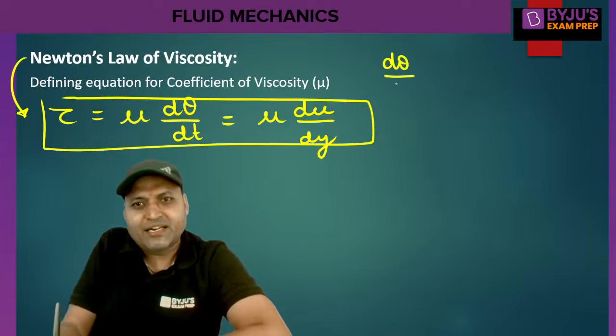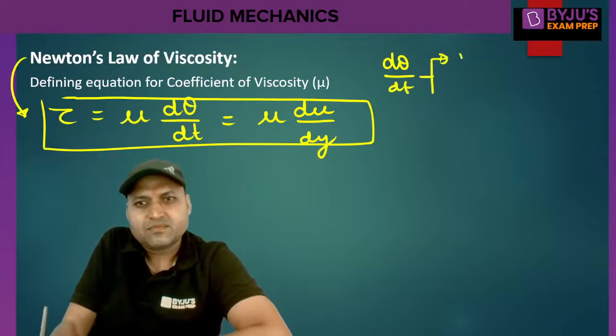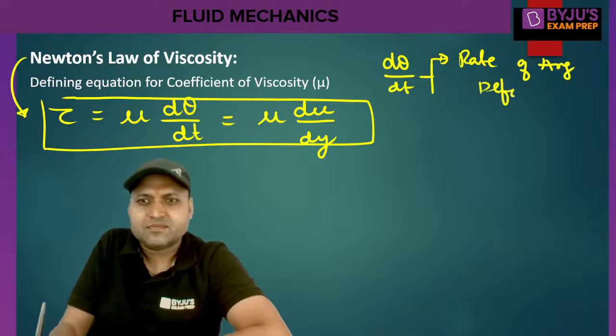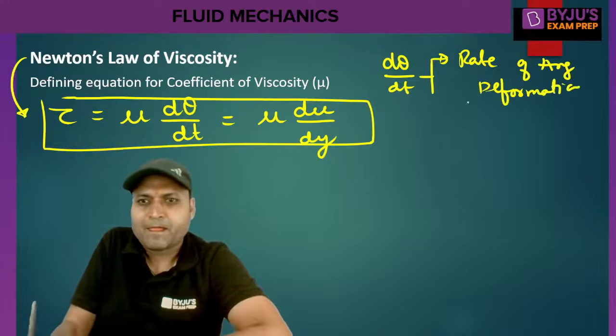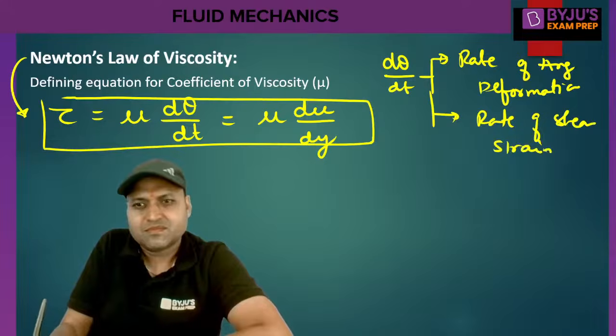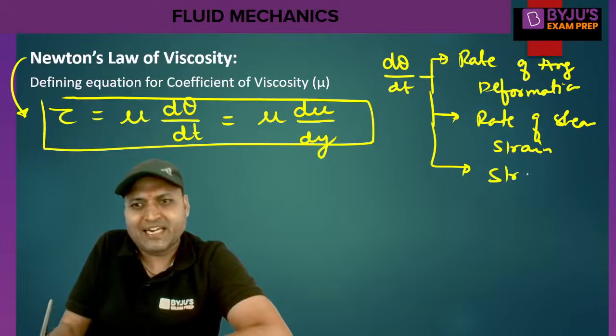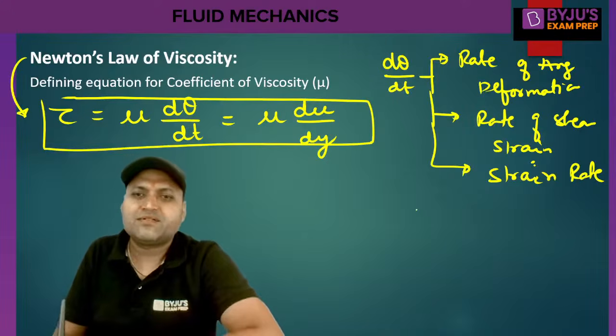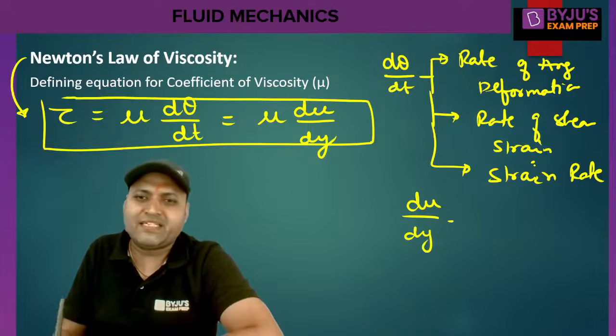What is d theta by dt? Rate of angular deformation, or we can call it rate of shear strain, or strain rate. What is the unit? Du by dy is the velocity gradient.